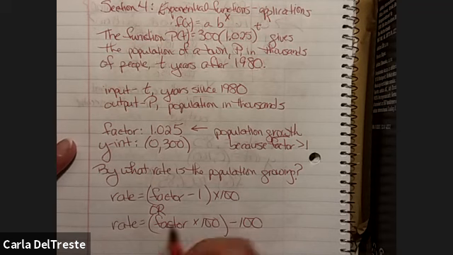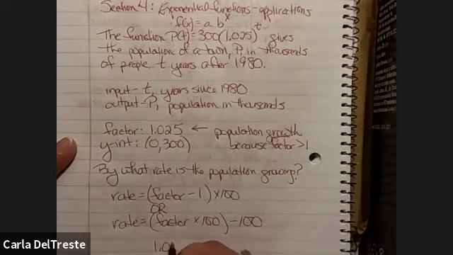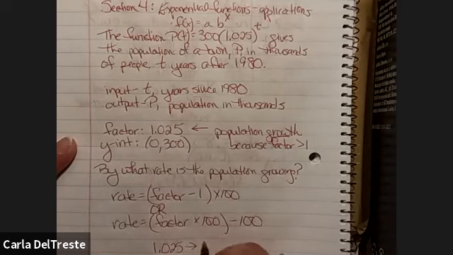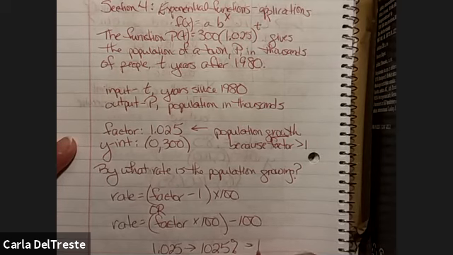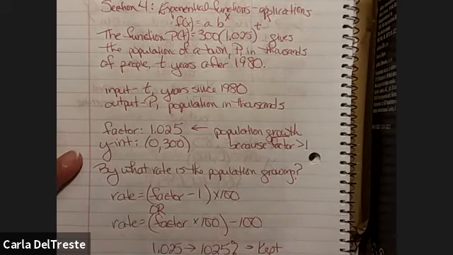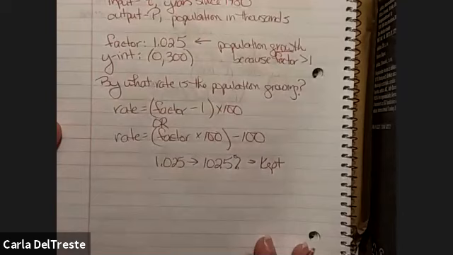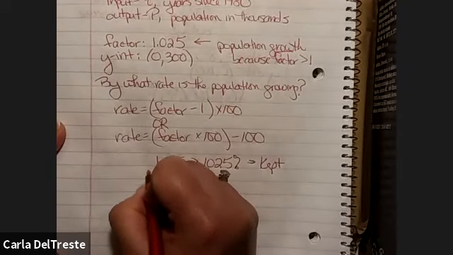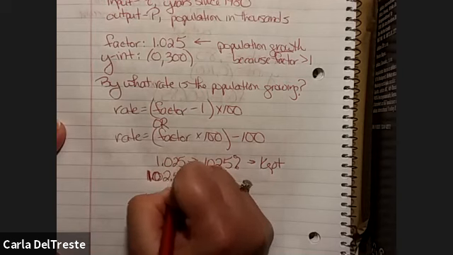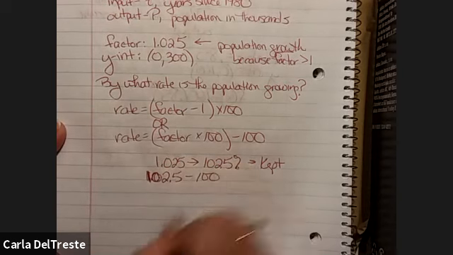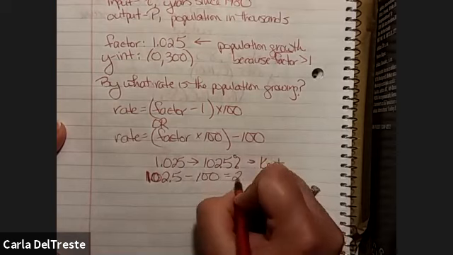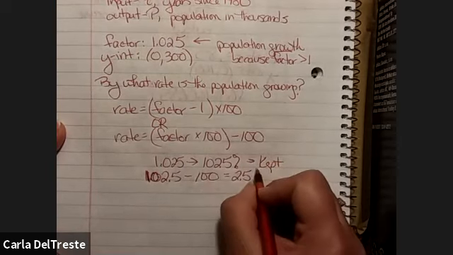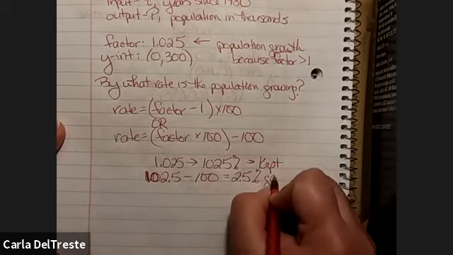But in other words, it's the 1.025, which as a percentage is 102.5. This is kept. This is how much we have every time. And that means that if I take 102.5 and take away 100%, 2.5% is just the gain.